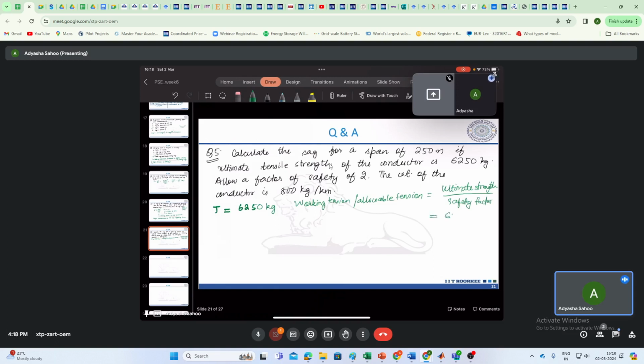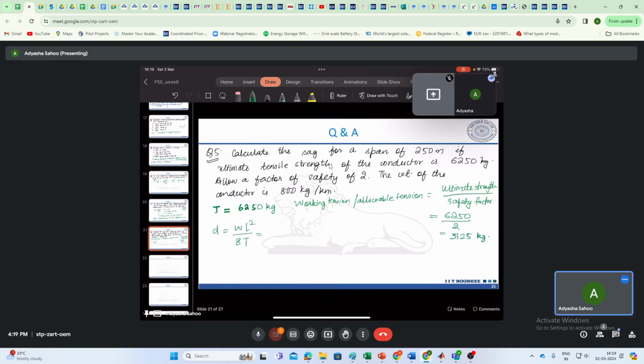So that will get us 6250 by 2, which is 3125 kg. Right. And the rest, D is WL squared by 8T.